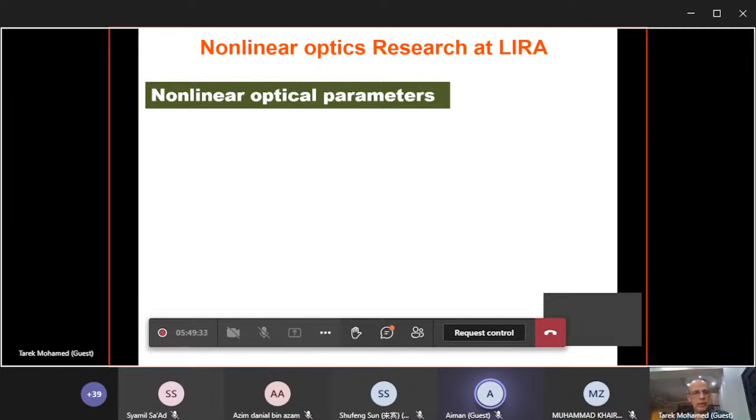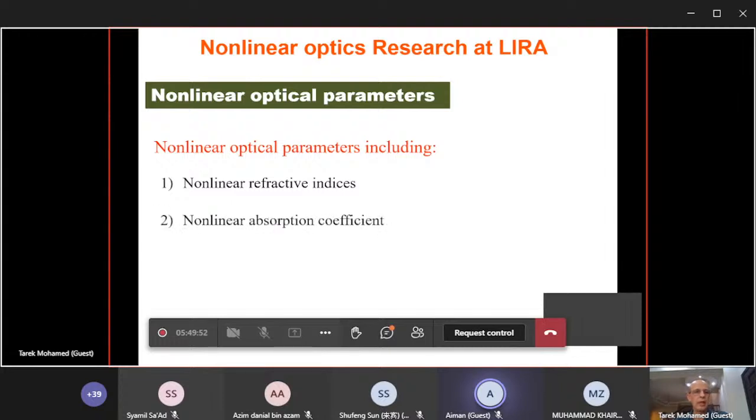Not all materials can be classified as nonlinear optical materials. There are parameters that tell us a material can be used in an application like a nonlinear optical process, second harmonic or third harmonic. So we have the nonlinear refractive index, the nonlinear absorption coefficient, and the nonlinear susceptibility.